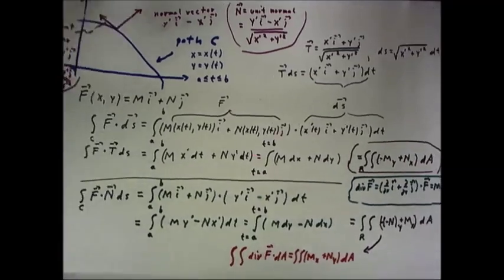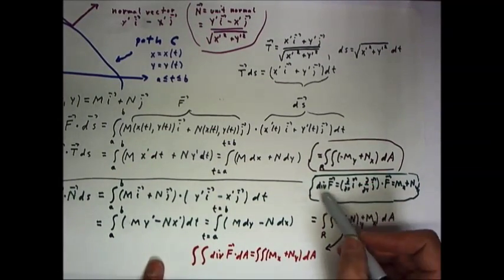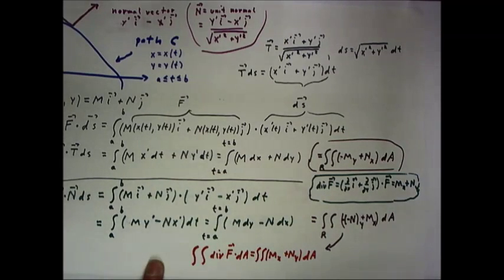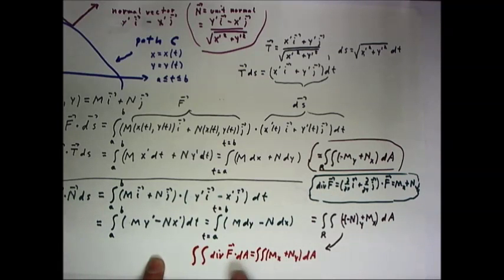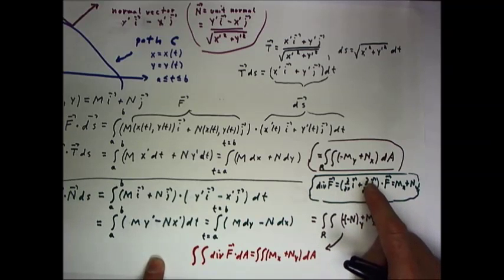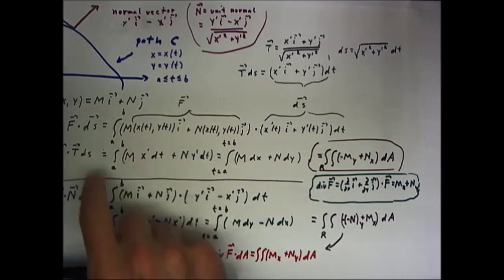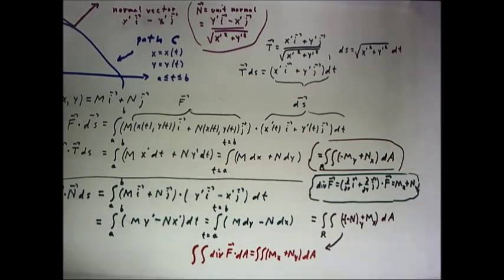That is, this expression is just the divergence of our f function. Remember, divergence is the partial with respect to x i plus partial with respect to y j dotted with the f function. If this is our f function over here, then clearly the divergence of that function is mx plus ny.